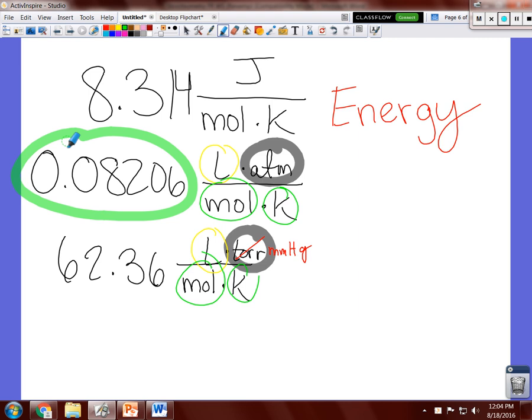It is a weird expansion, but at STP, yes, and all of them do. All gases, doesn't matter what gas it is, expand to 22.4 liters if you've got 1 mole of it at 0 degrees Celsius and 1 atm.